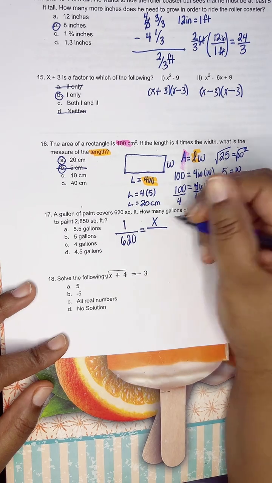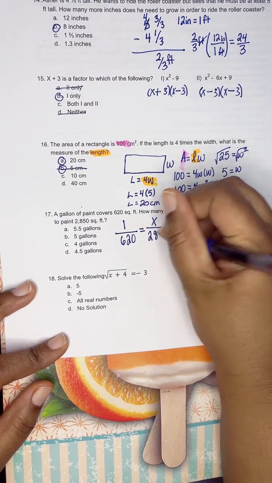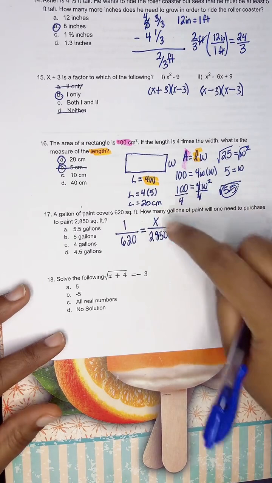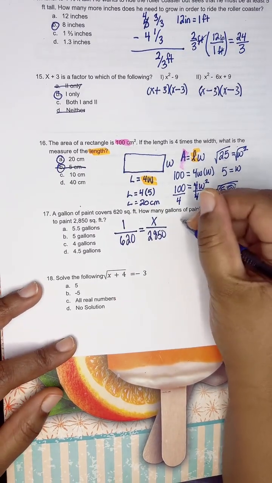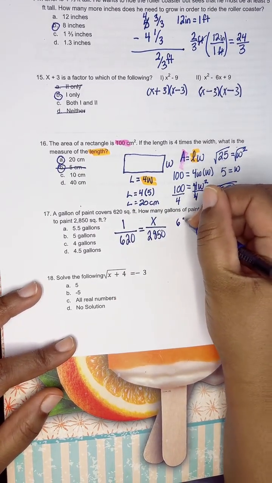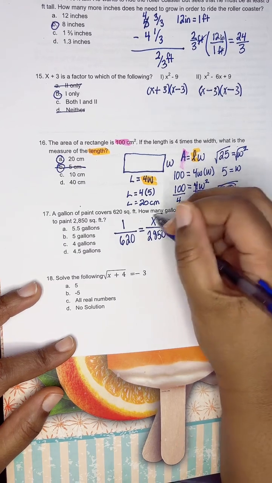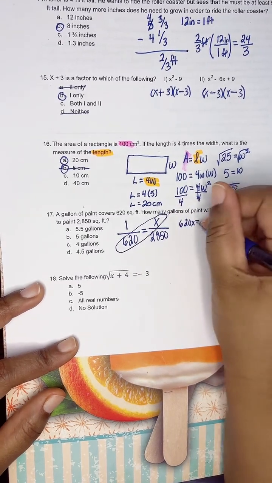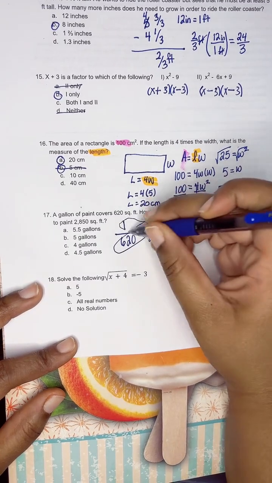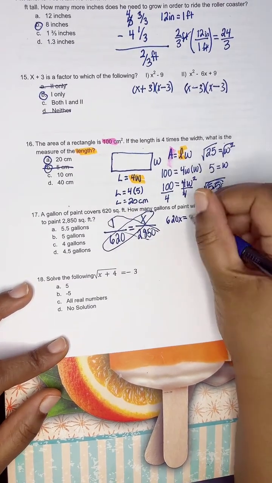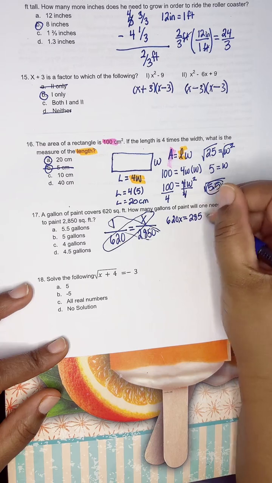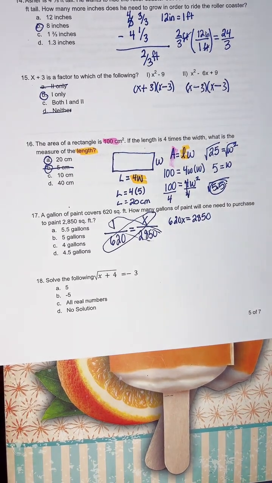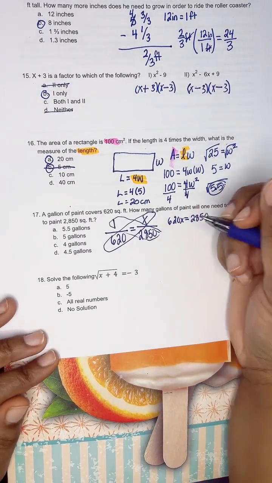I put an X on top, and then I put the 2,850, and then I cross multiply. So I'm going to get 620x equals 1 times 2,850.